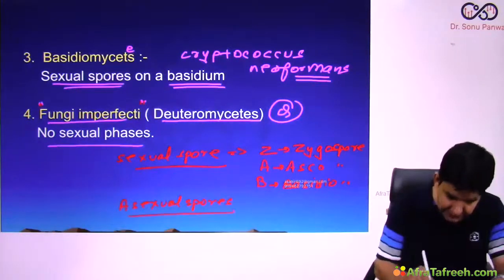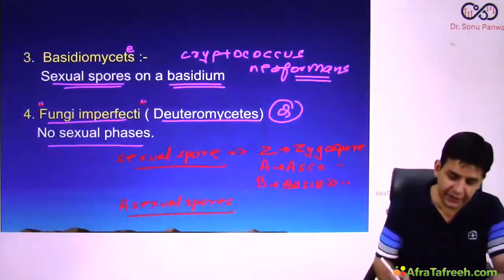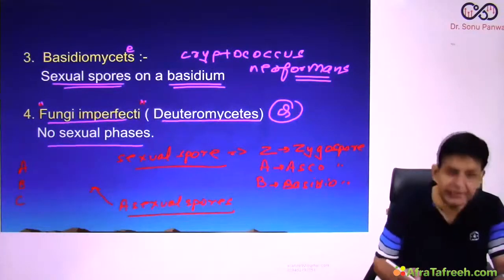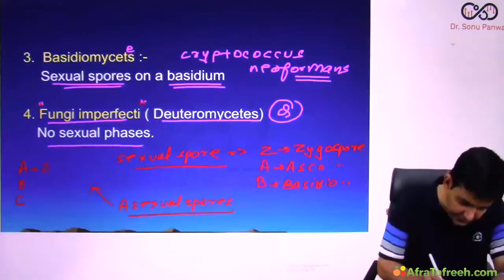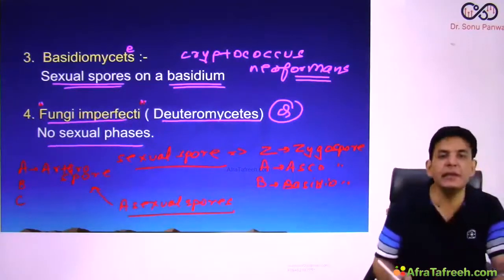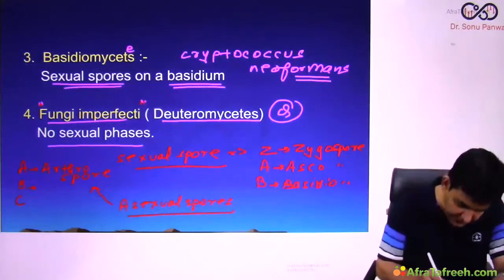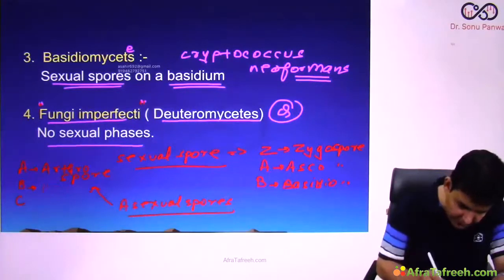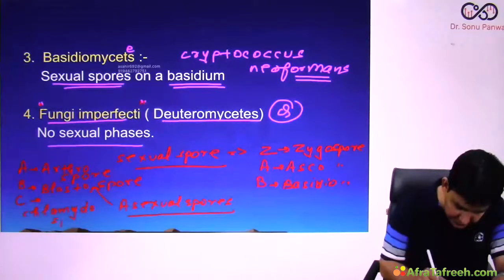The various medically important asexual spores in the fungus, you can remember by a mnemonic A, B, and C. A is arthrospore, B is blastospore, and C is chlamydospore.